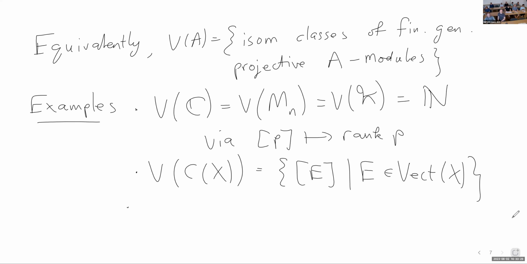So in particular, for the semigroup associated to continuous functions over the two sphere, there are two vector bundles that generate this semigroup. It is the trivial bundle and the Bott bundle, which is a non-trivial line bundle over the sphere.